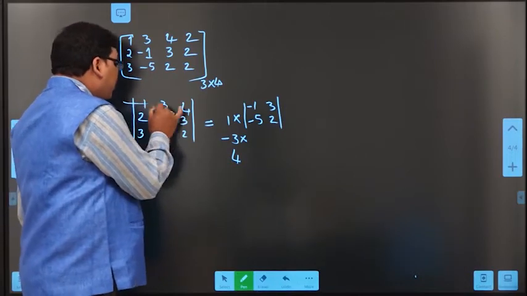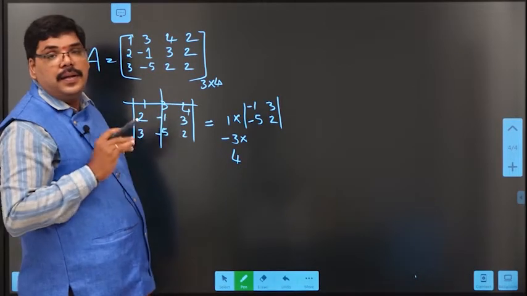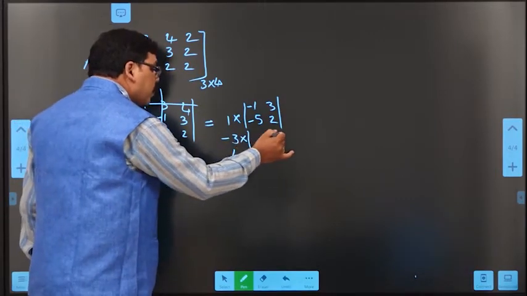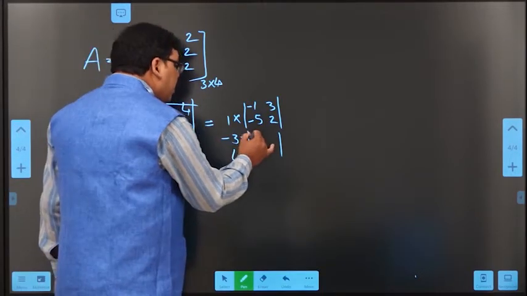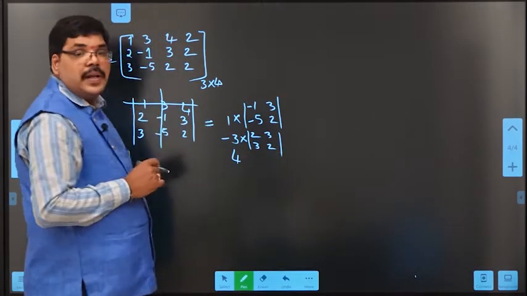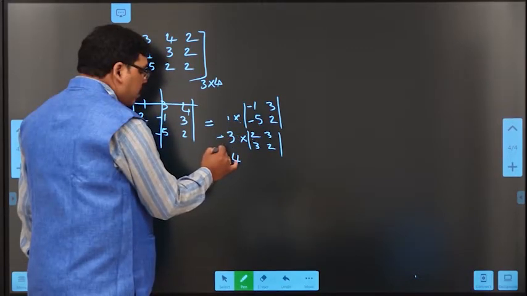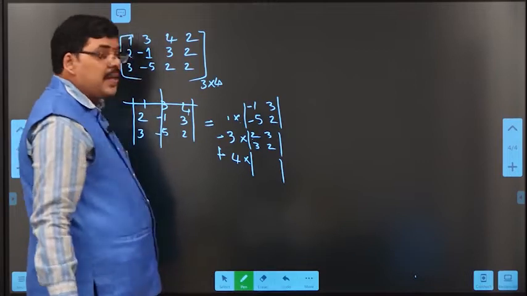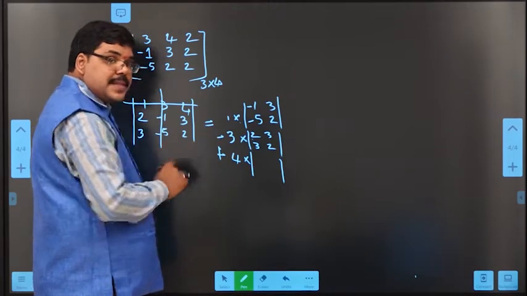If I remove the row and column containing 3, then I will get the determinant 2, 3, 3, 2. Again, change the sign. So minus becomes plus.